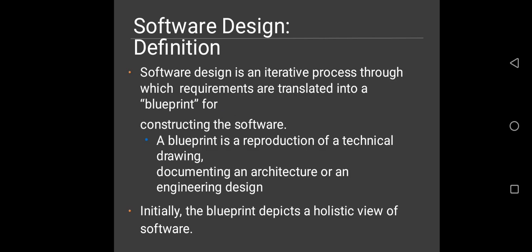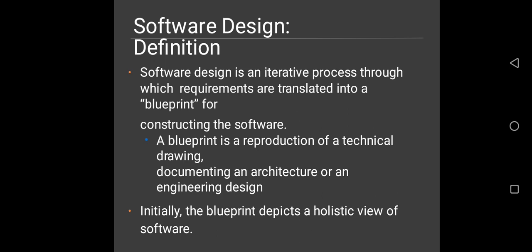Software design has a definition. Software design is an iterative process, because an entire software cannot be designed within a minute, or within an hour, or within a day. The same design process is going to be iterative for each requirement.